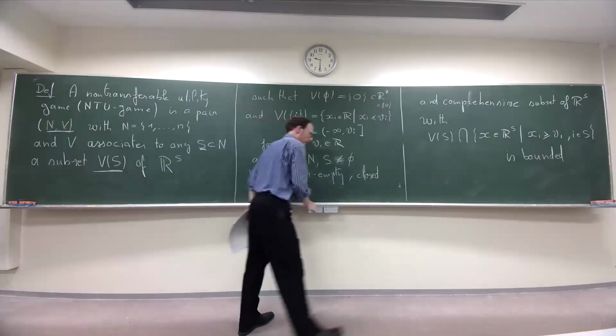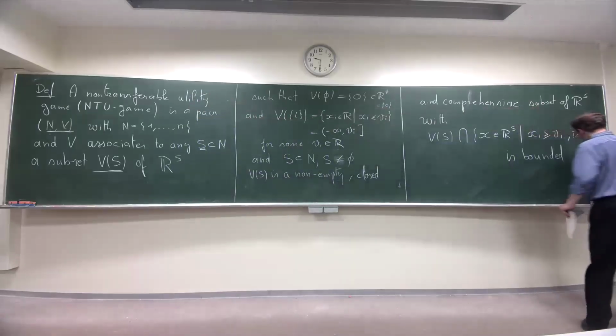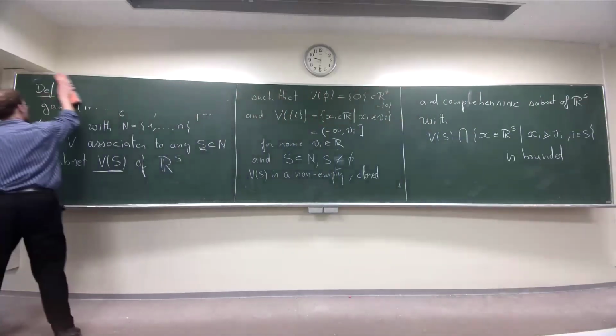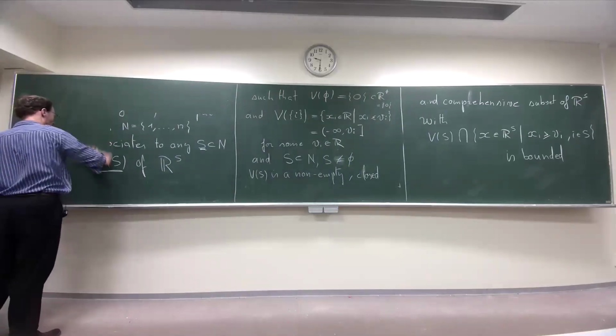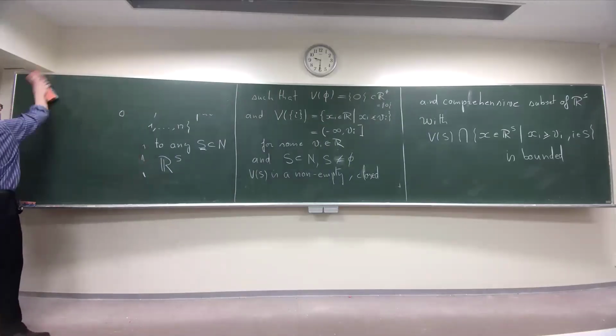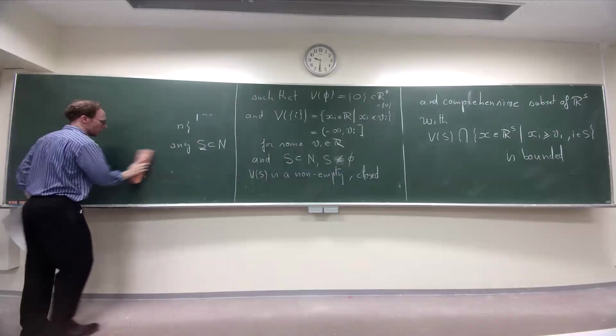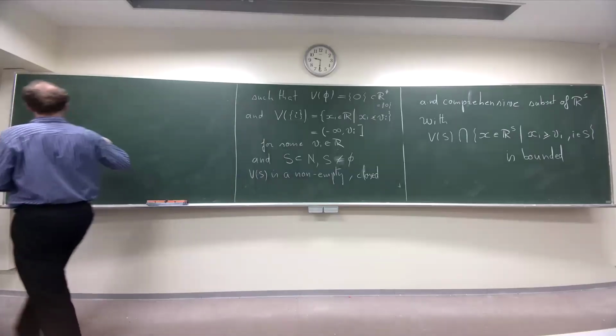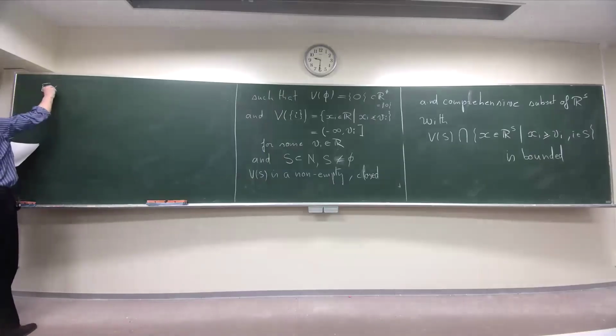So let's look at an example. And as I have written in the notes, there is an interpretation for this example. I don't want to introduce it during the lecture, but in the notes you can find more information. But let me just give you this example without any interpretation for now.